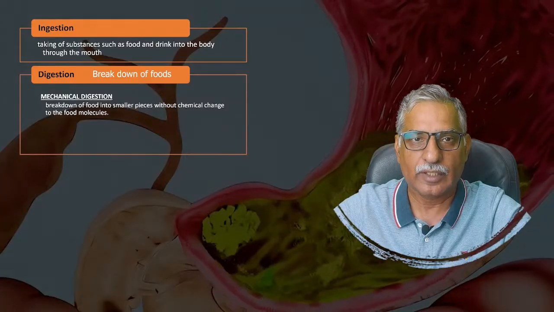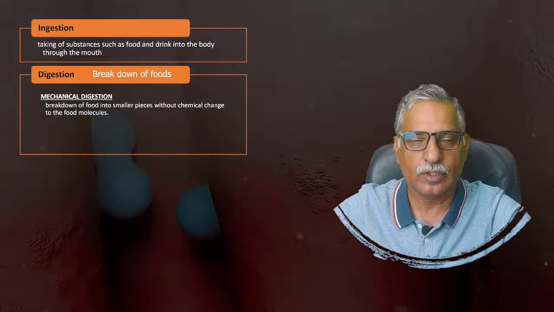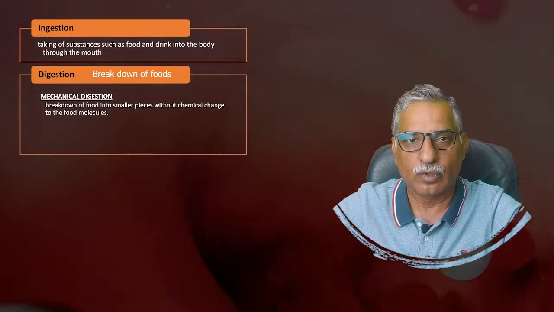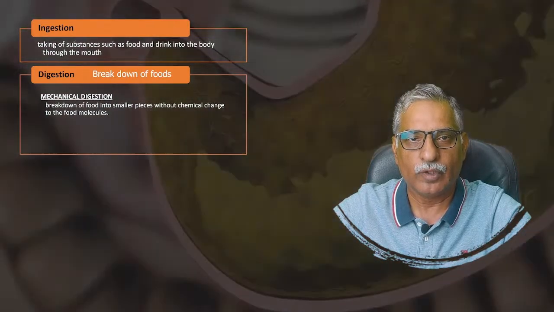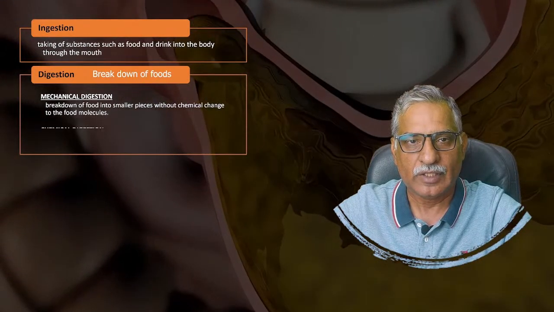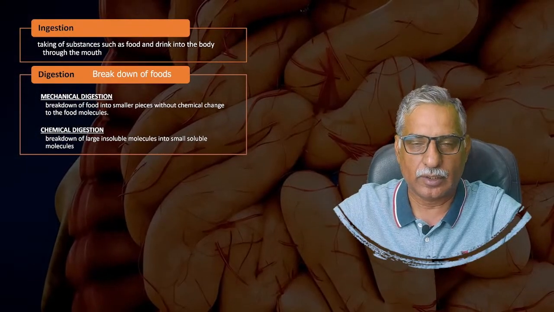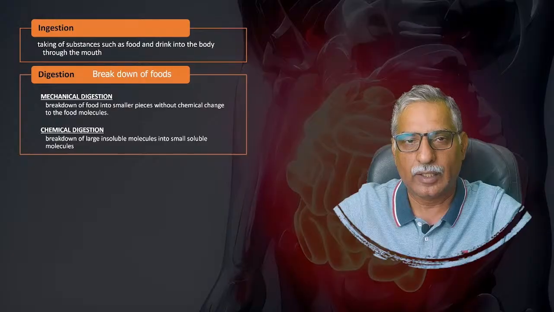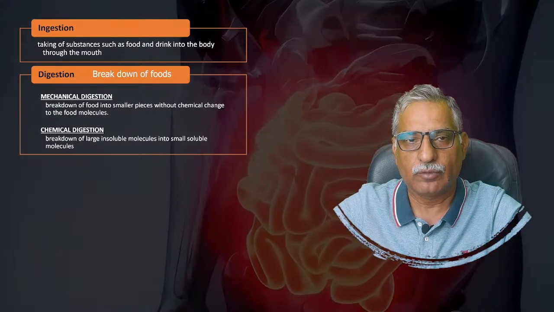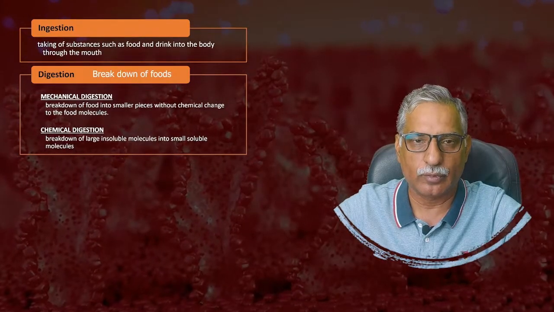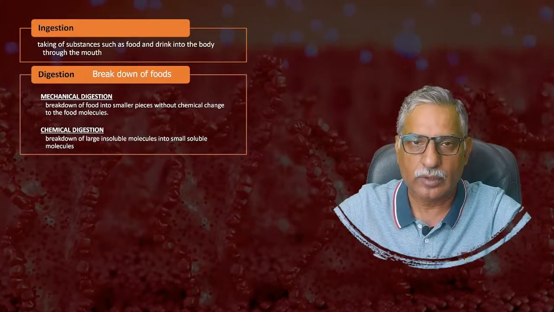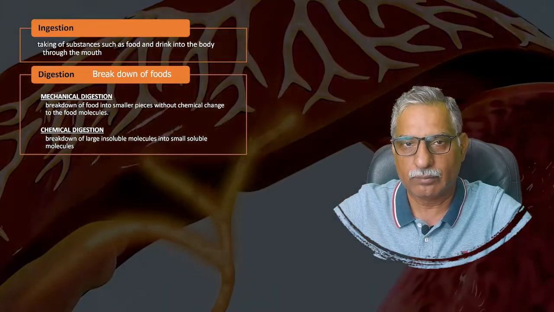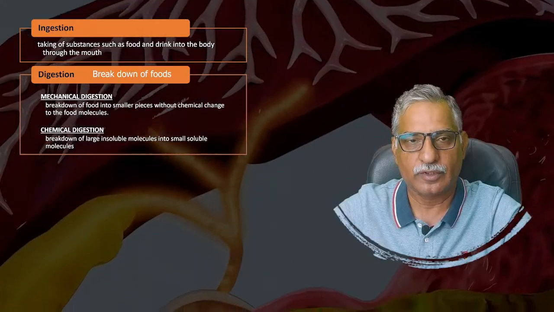But it helps in increasing the surface area of the food, and it also helps the enzymes to work more efficiently and faster to digest the food. Then comes chemical digestion. In chemical digestion, enzymes are involved, and larger, complex, and mostly insoluble food molecules are broken down into smaller, soluble, and simpler molecules that can be taken up by the cells and utilized as per their need.